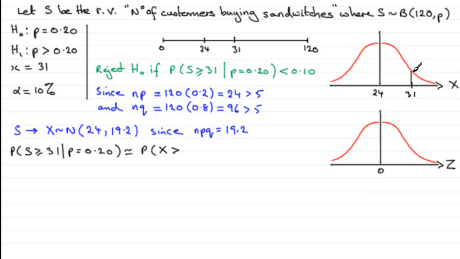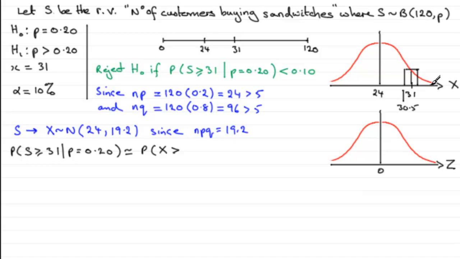But what we do essentially is we take our value of 31, imagine a bar drawn either side of that 31 of 1 unit width. So this lower value here will be 30.5 and the one to the right will be 31.5. But we want the probability of S being greater than or equal to 31.